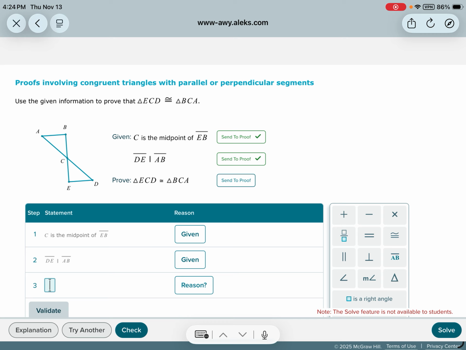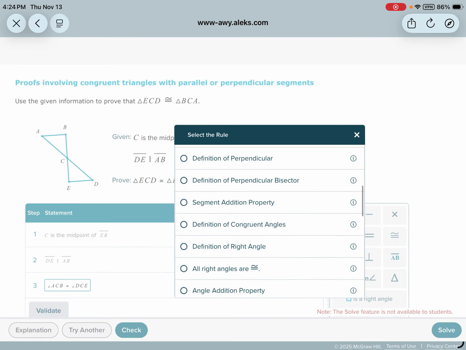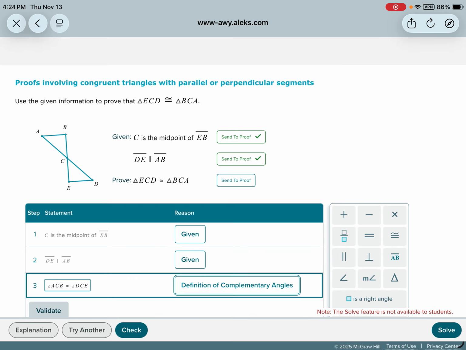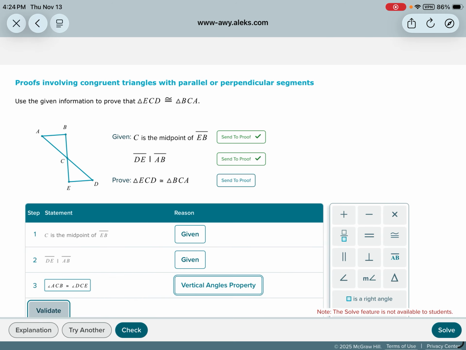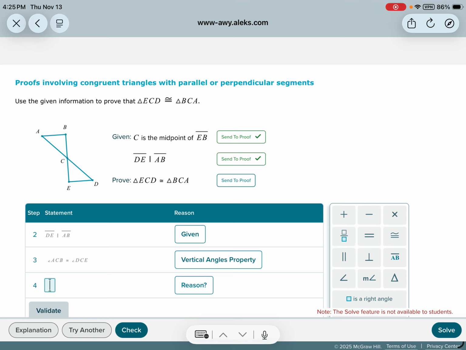And vertical angles for the easy one: angle ACB is congruent to angle DCE by vertical angles. Validate. Next are 2 segments that are congruent because of midpoint.